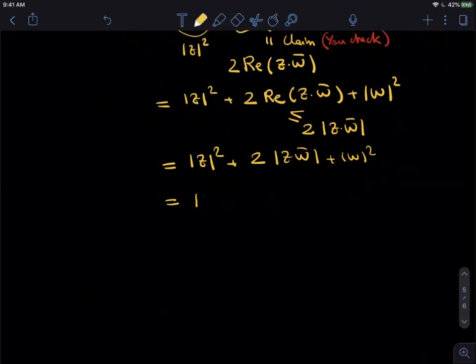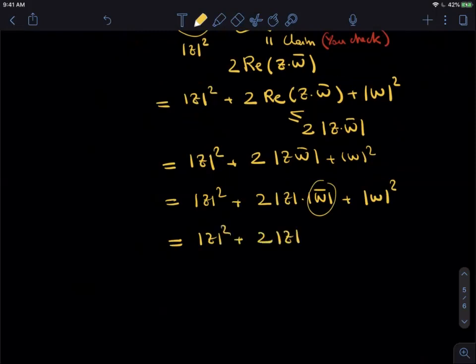Notice that because it's the absolute value of a product, we can write the product of absolute values. But then the absolute value of the conjugate is just the absolute value of the number itself. And here we go, this is the modulus of Z plus the modulus of W, both of them squared.